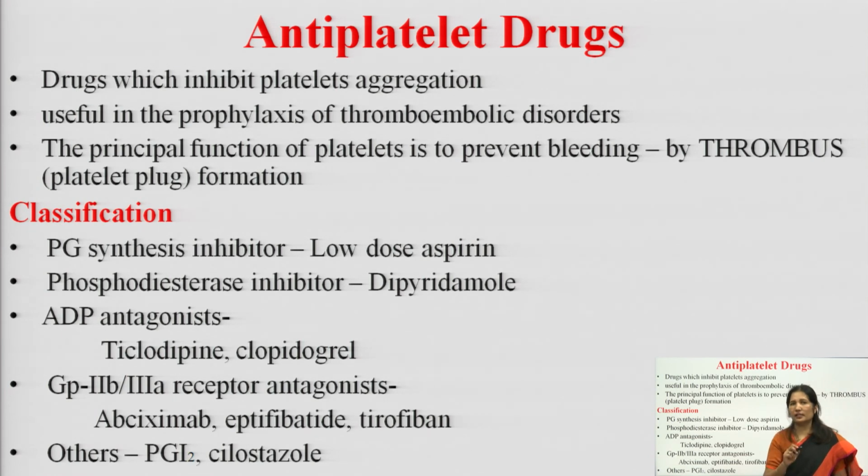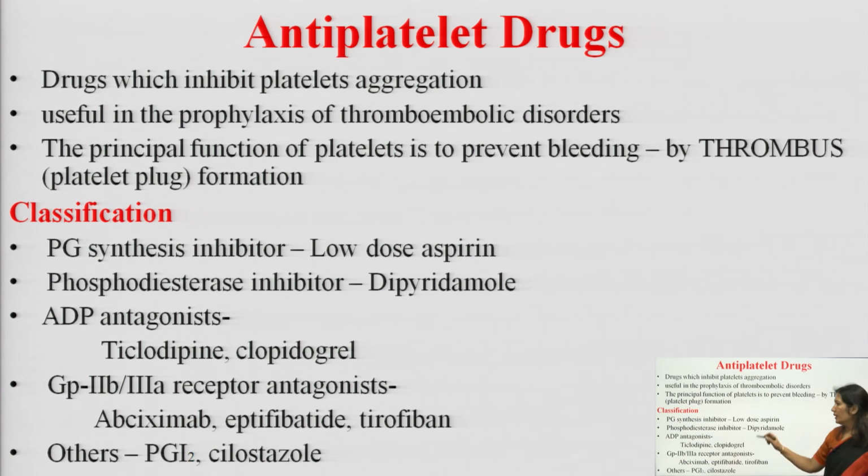Whenever there is injury, a platelet plug forms, which forms the clot and stops the bleeding. Antiplatelet drugs inhibit platelet aggregation and are useful in the prophylaxis of thromboembolic disorders. The principal function of platelets is to prevent bleeding by thrombus formation, and antiplatelets inhibit this aggregation.